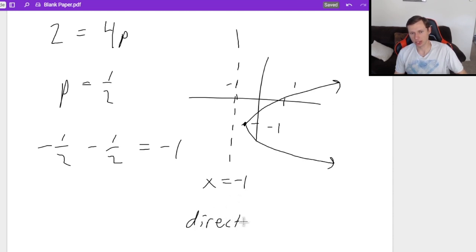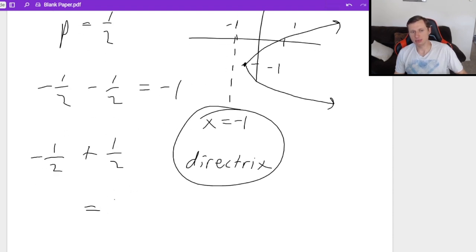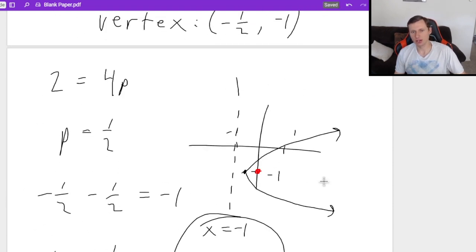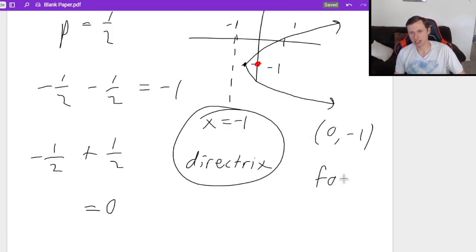And by the way, you can find the focus first if you want. It doesn't matter. But the focus is going to be the x-coordinate negative 1/2 plus the p-value 1/2. That gets me to 0. So the focus is at 0, negative 1. That point right there. That's the focus. And there we go.